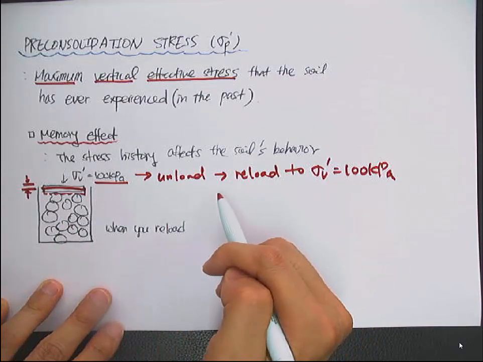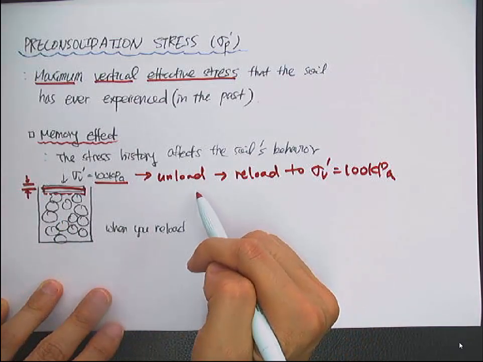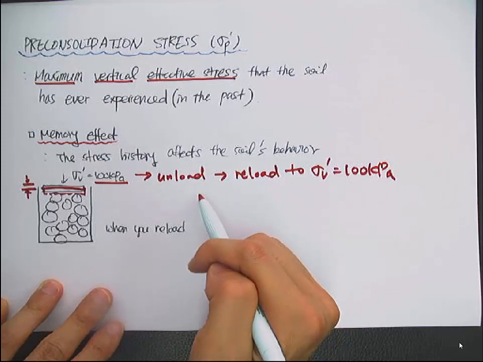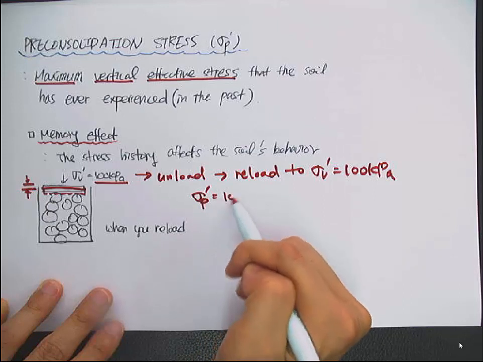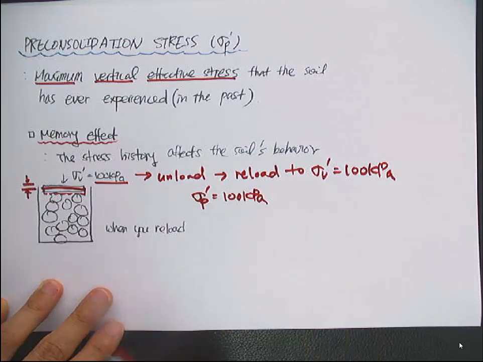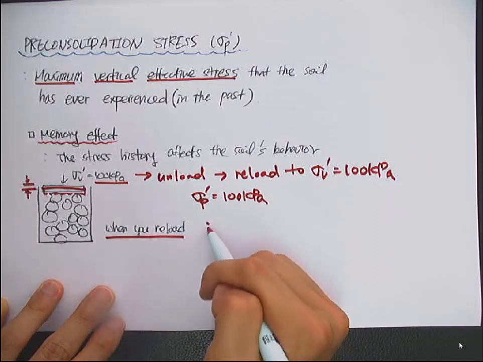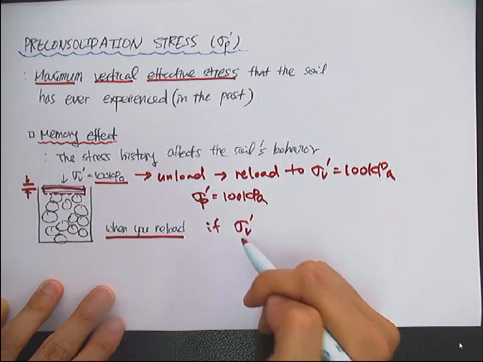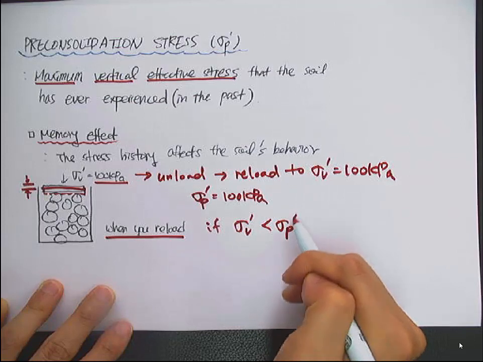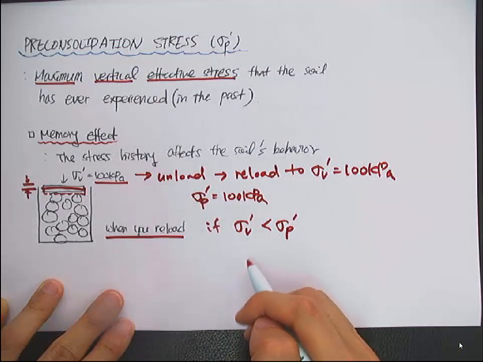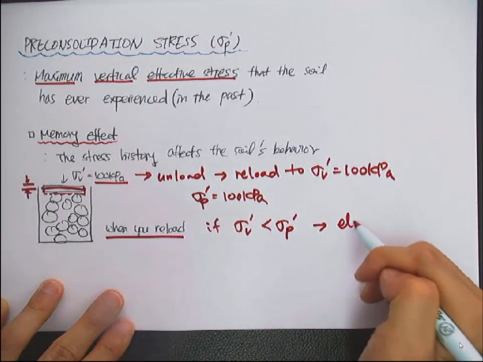In this case, the maximum vertical effective stress that the soil has experienced, the pre-consolidation stress sigma p prime, is 100 kilopascals. When you reload, and sigma v prime, the current vertical effective stress, is less than sigma p prime, say you apply only 50 kilopascals, then only elastic deformation occurs.